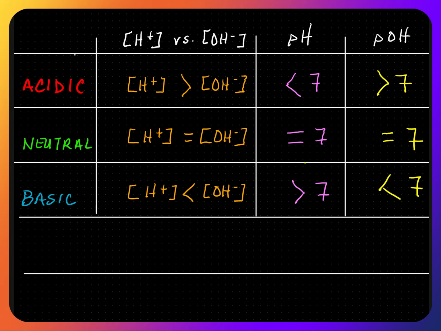When the concentration of H+ and OH- are equal to each other, this is neutral. pH and pOH will equal 7 for both. If it's basic, the H+ concentration is less than the OH- concentration, so the pH is greater than 7 and the pOH is less than 7.